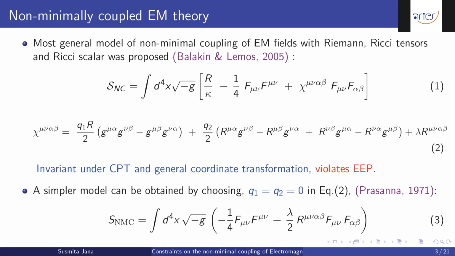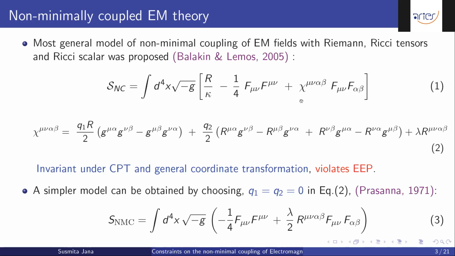So here I have shown one general model for non-minimal coupling. In equation 1, you can see that the first two terms represent the minimal coupling, and the last term represents the non-minimal coupling of electromagnetic fields with the curvature tensor of the spacetime. And this chi includes all the curvature tensors such as the Ricci tensor, Ricci scalar and Riemann curvature tensor.